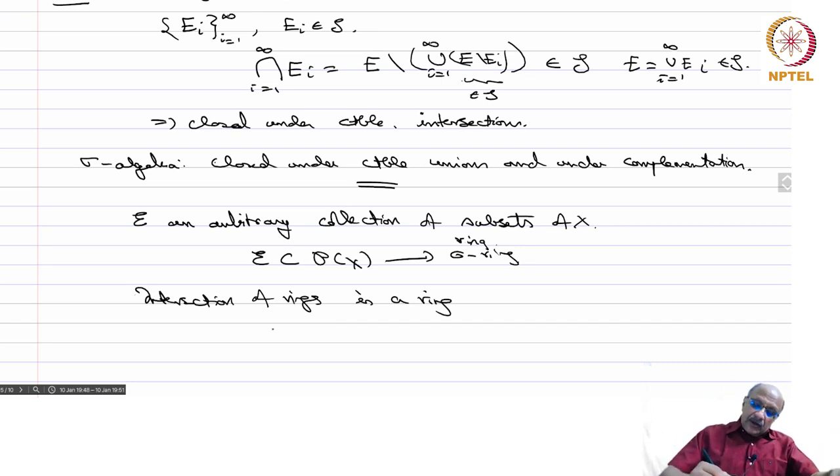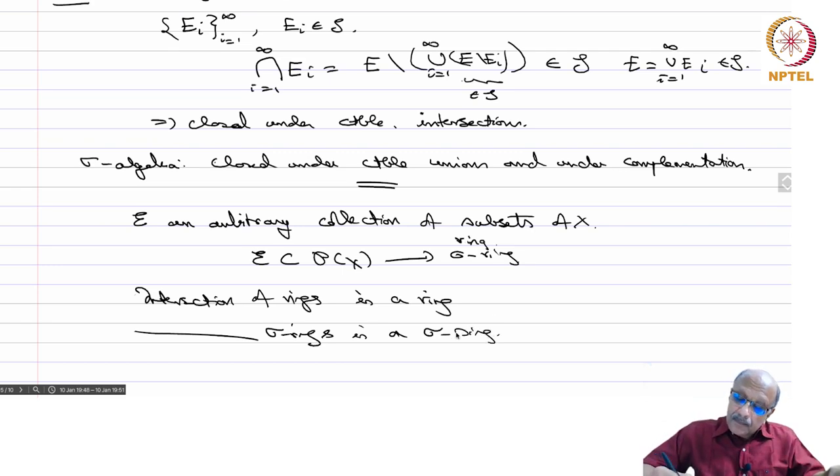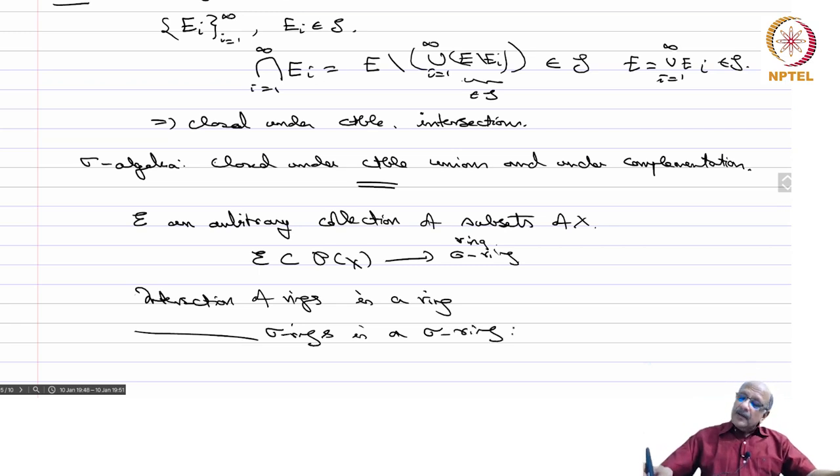Similarly, the intersection of sigma rings is a sigma ring. For the same reason, you take a countable set in the common collection, then the countable union is going to be in all of them, and therefore it will be in the common one, and then differences are also there.